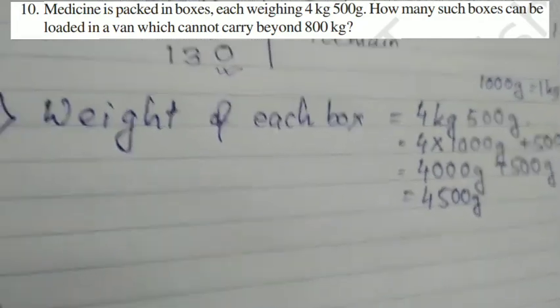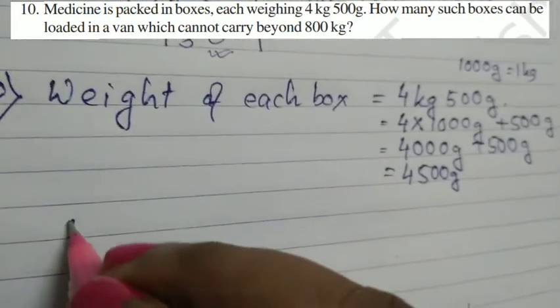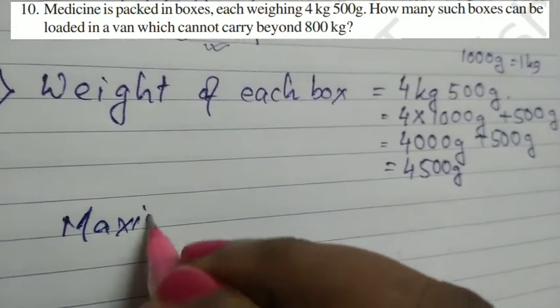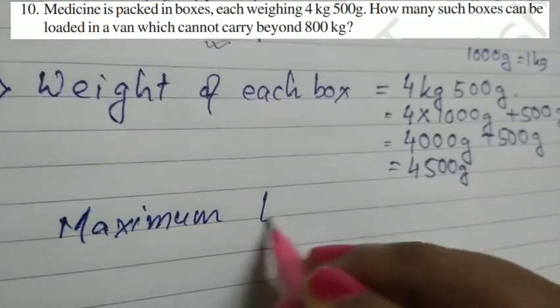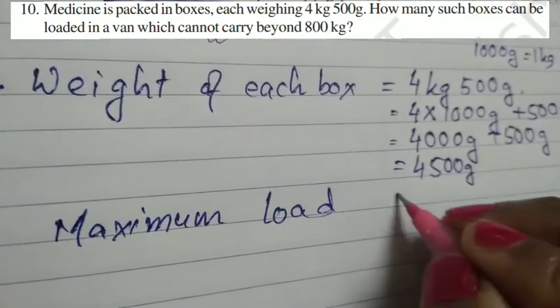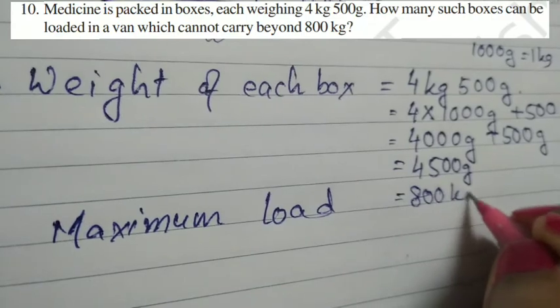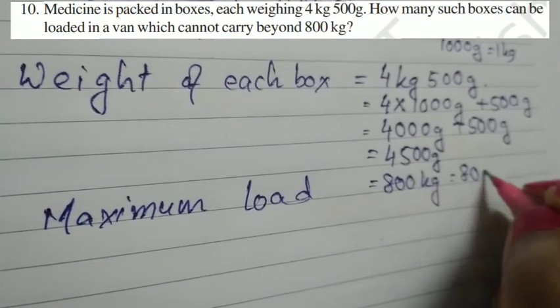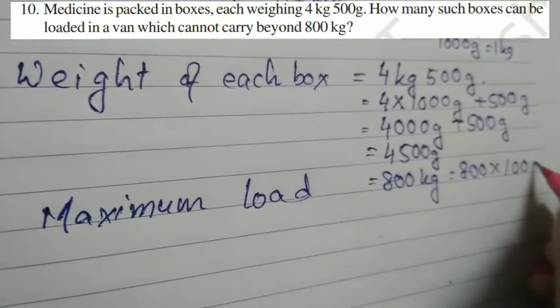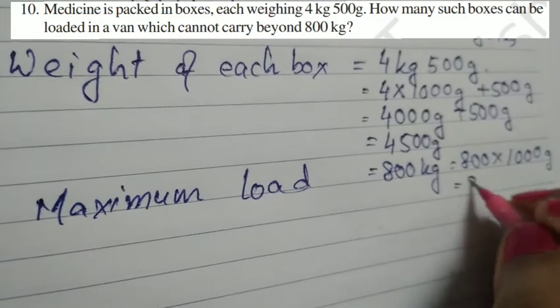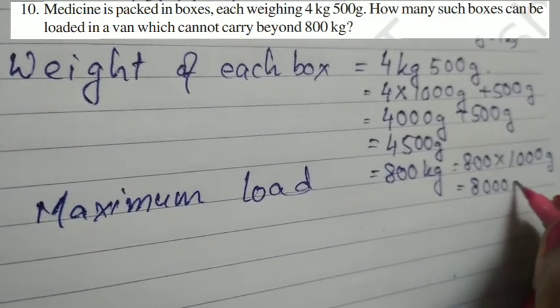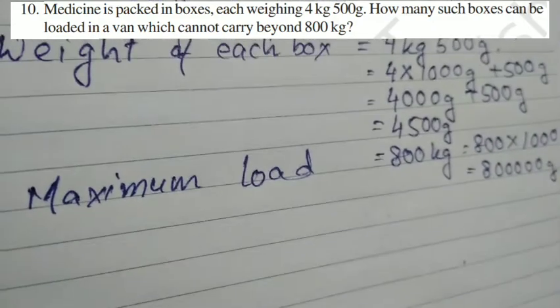So maximum load. What is the maximum load I can have? Maximum load is equal to 800 kg. 800 kg means 800 into 1000 gram. So 8 and 5 zeros, grams.